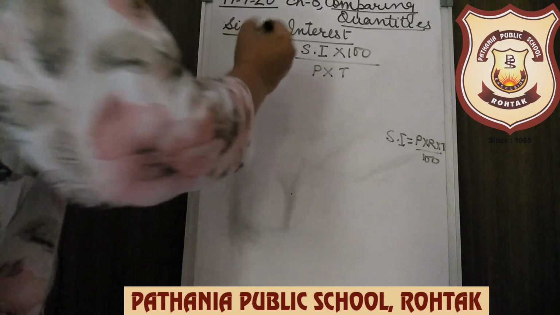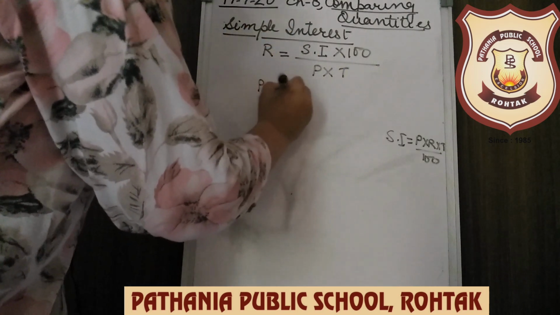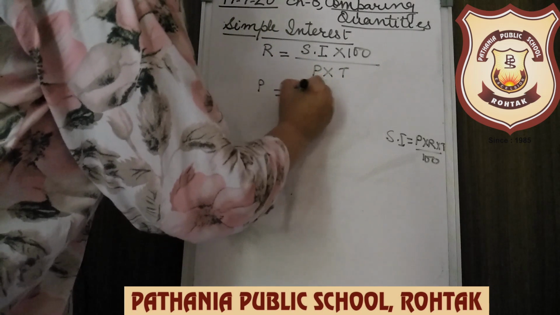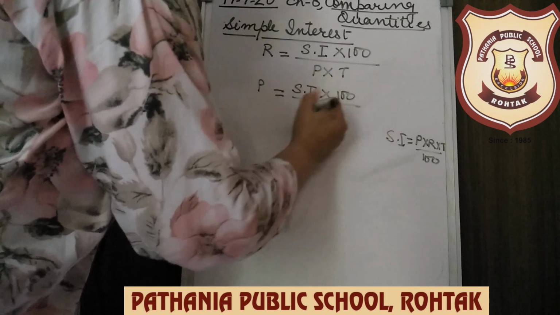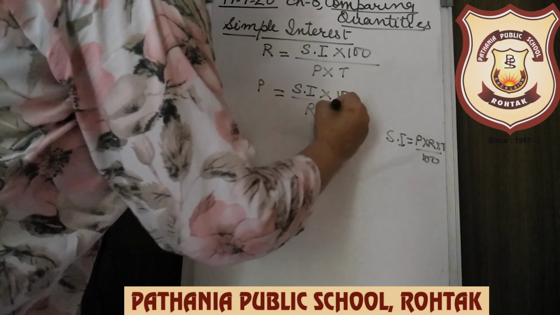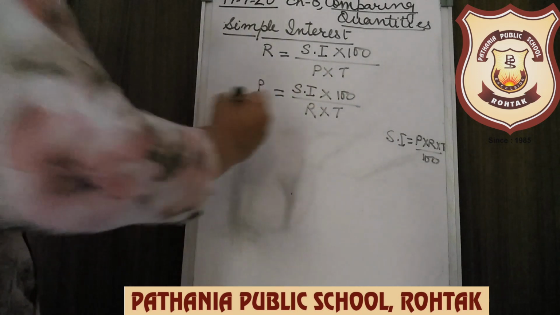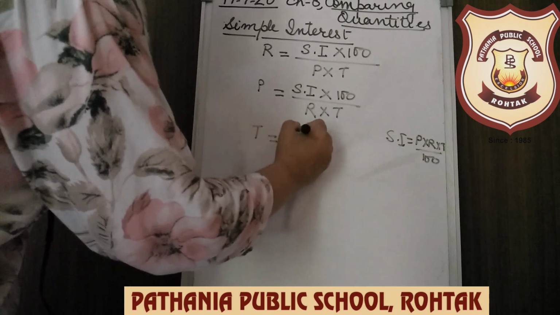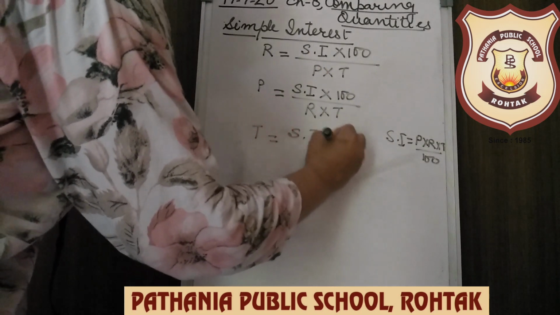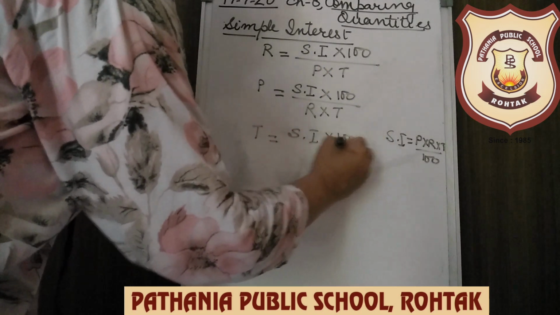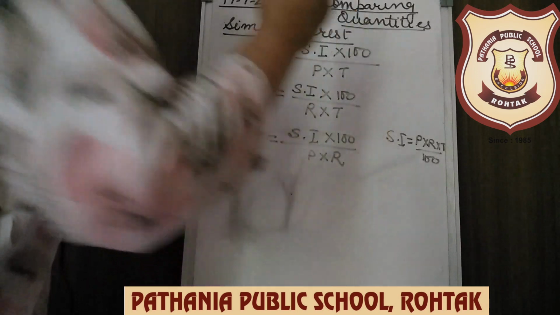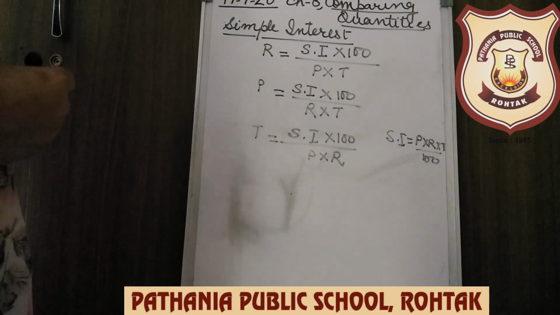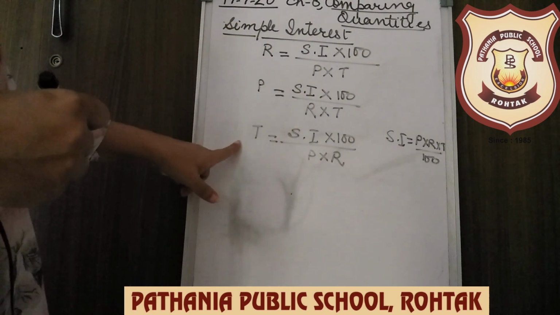denominator. And similarly, if you have to calculate the principal, simple interest multiplied by 100, upon R into T. And if you have to calculate the time, simple interest multiplied by 100 upon P into R. So these are the formulas.